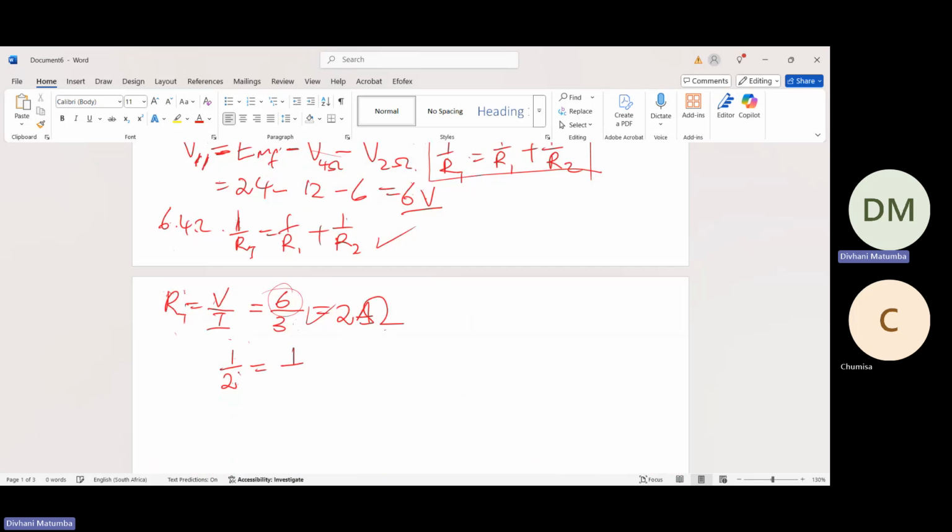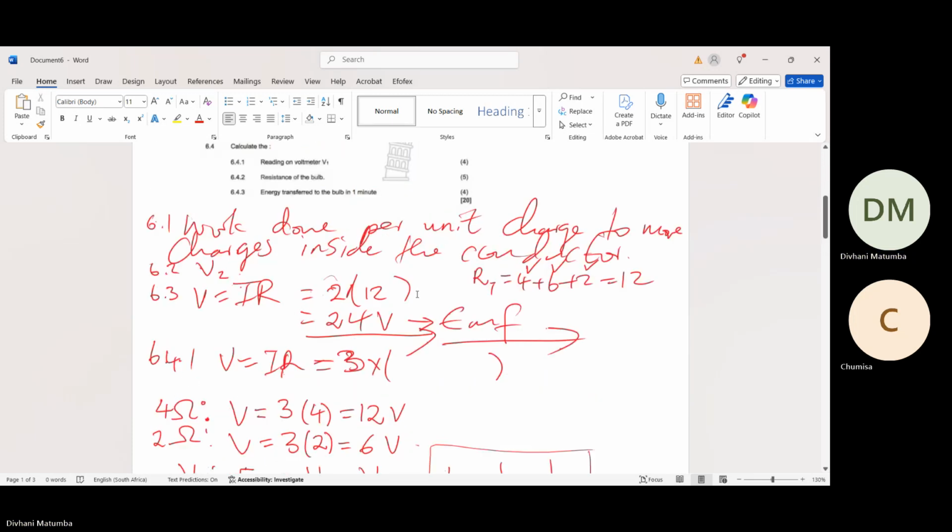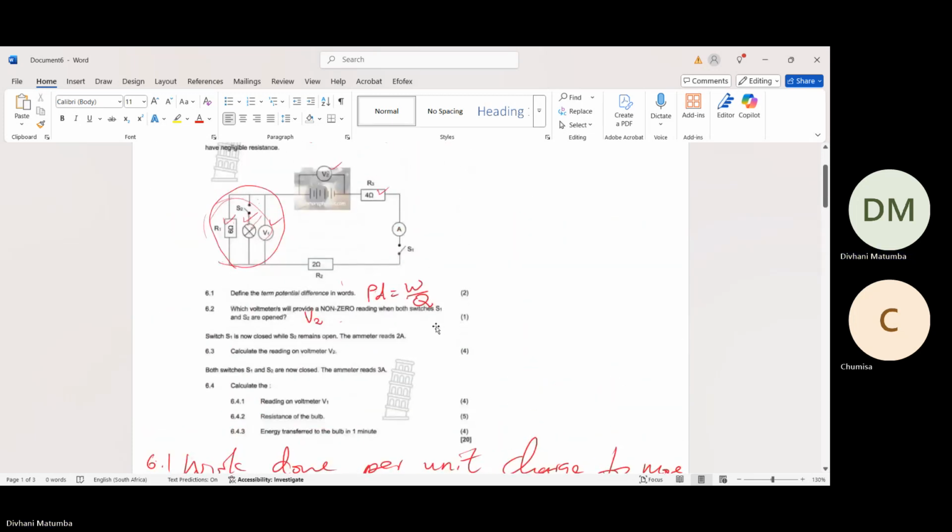This is the R total of the parallel connection. You agree? Yes, sir. So R1 will be 6. Then what will be the value of R2? Let's go back. The value of R2. No, it's 4. Why is it 4? Oh, and then it's 2, sir.